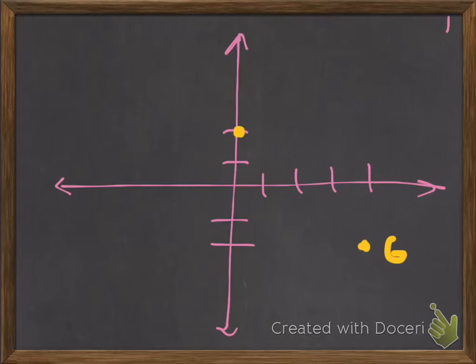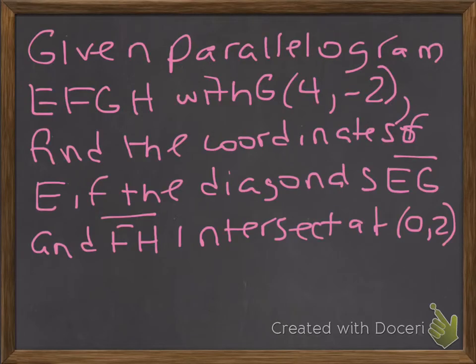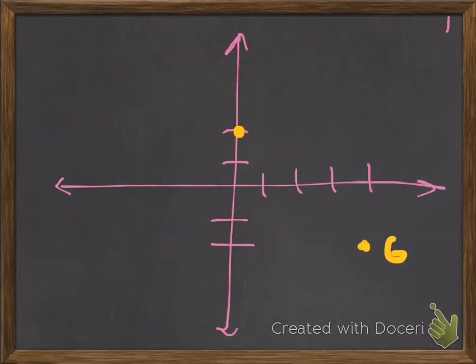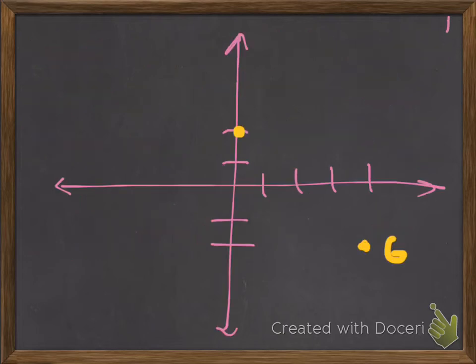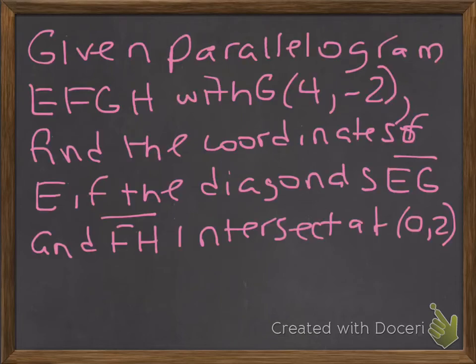E is going to be the top left corner, F is going to be the top right corner, and H is going to be the bottom left corner.